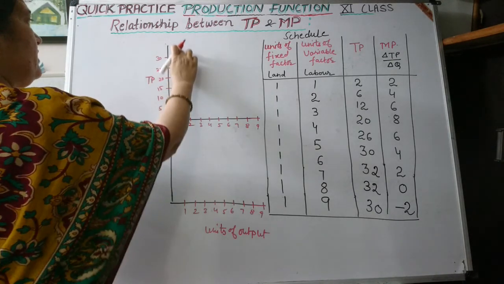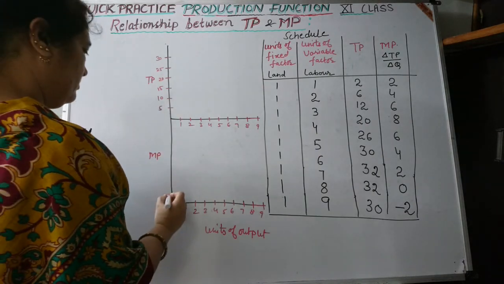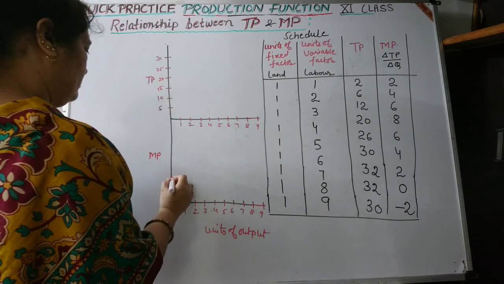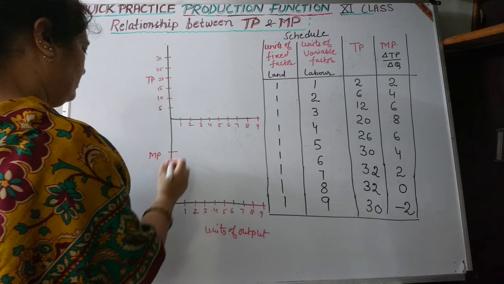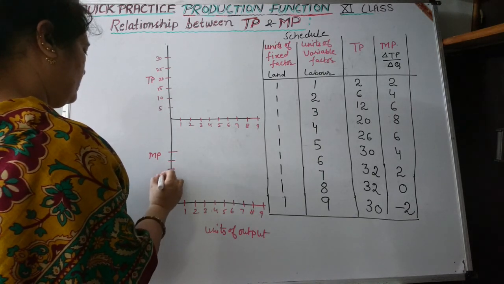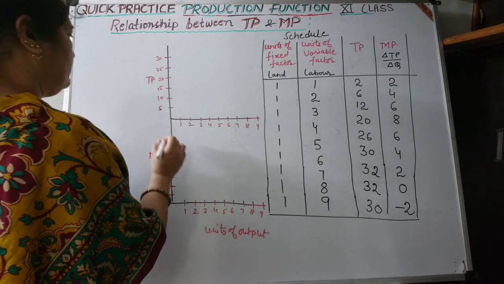You can also take the distance of 2 units: 2, 4, 6, 8, 10, 12.